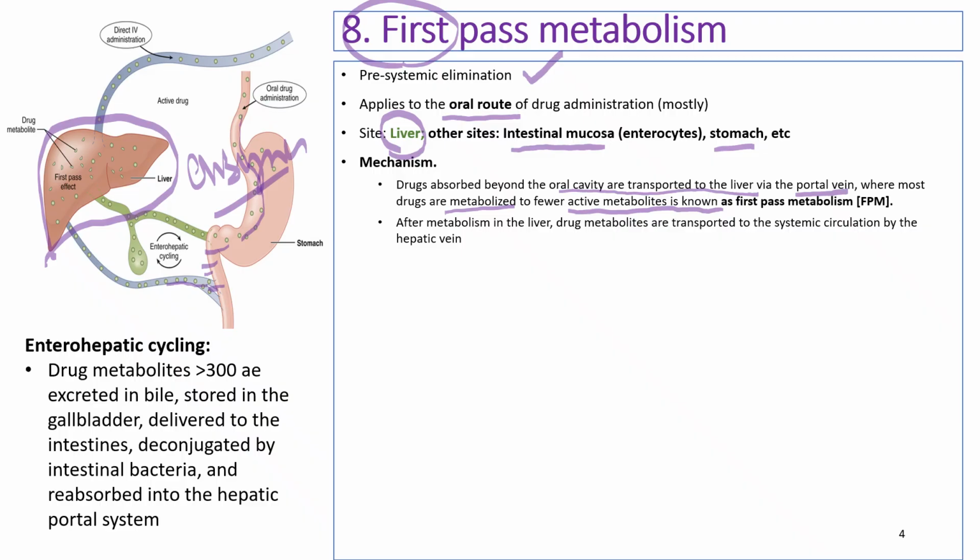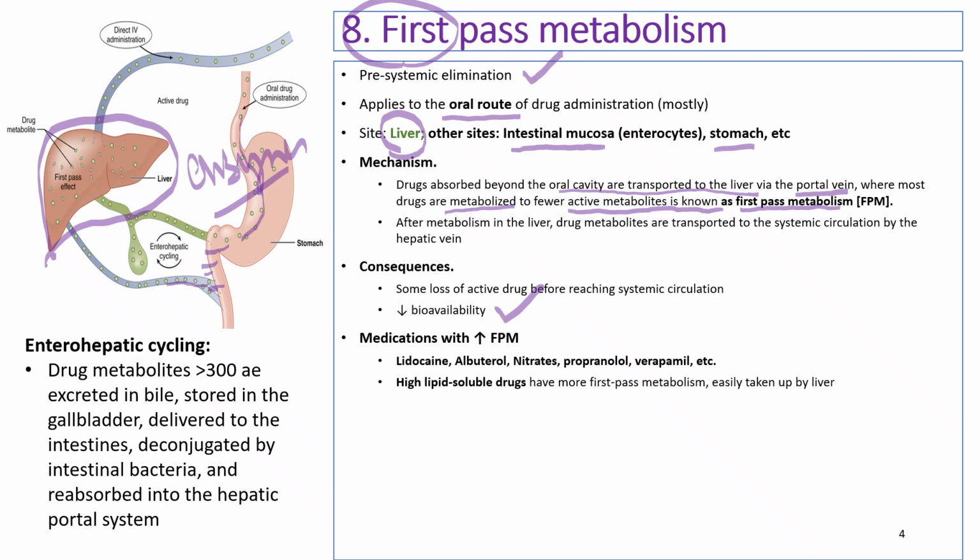This process is known as the first pass effect. The consequence is a loss of some active medication, meaning decreased bioavailability and increased first pass metabolism. Both are inversely proportional. If you increase first pass, you decrease the bioavailability.